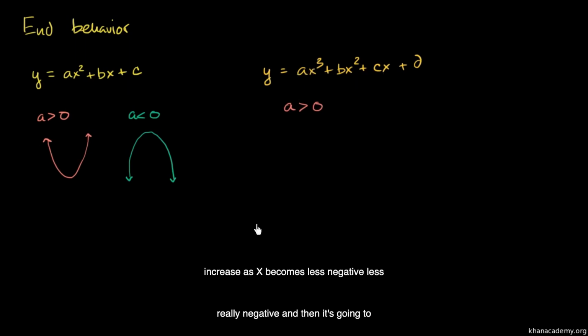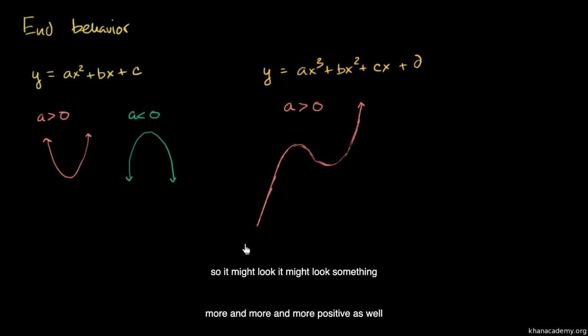And then it's going to increase as x becomes less negative. It might do a little bit of funky stuff in between. But then as x becomes more and more positive, it will become more and more positive as well. So it might look something like this when a is greater than 0.